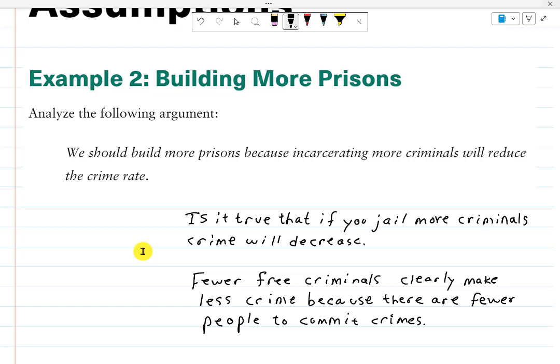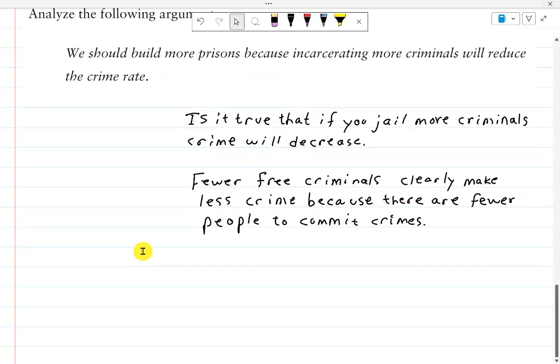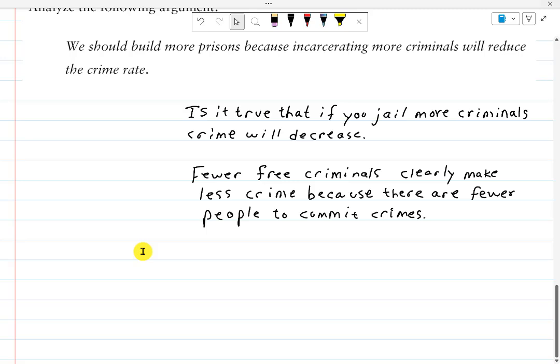In that case, crime hasn't changed at all. Other groups have decided to commit more crimes because they have more space to do it in. So that's one problem against it. So as we see, that's not necessarily true.